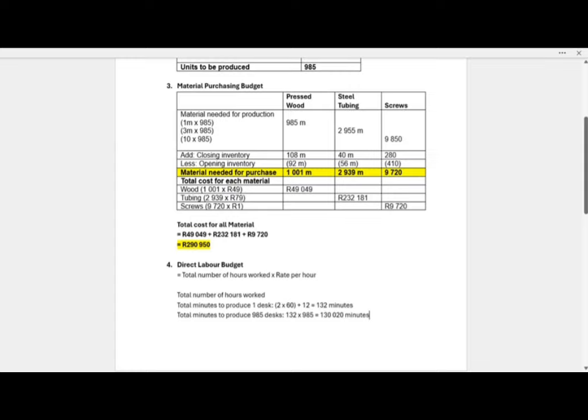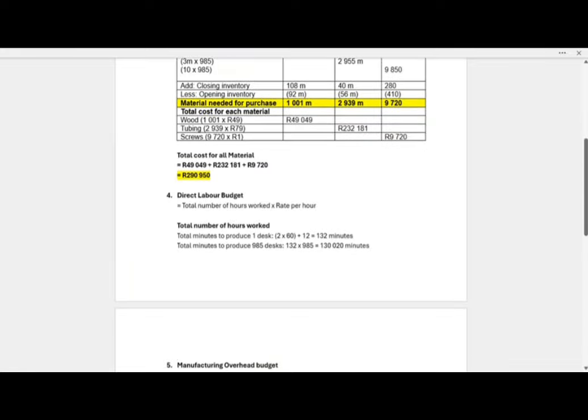Then from there, remember, we need the total number of hours worked. We don't need the minutes, but now we've got the total minutes to produce all the desks required. Number 2, I want us to convert all those minutes to hours. Then we're going to get the total number of hours worked.